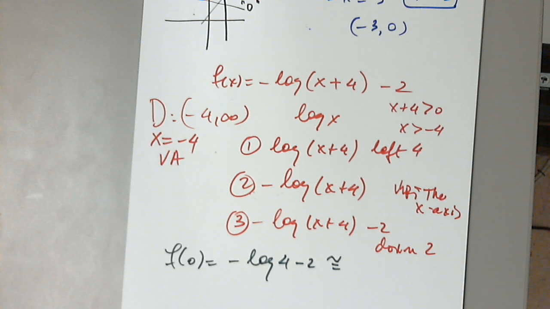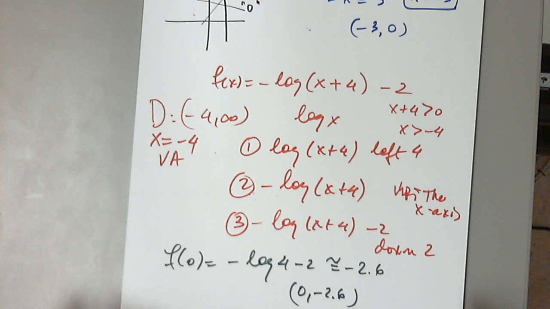So minus common log of 4 minus 2. I got approximately negative 2.6. So then 0 comma negative 2.6 roughly. That would be the y-intercept.